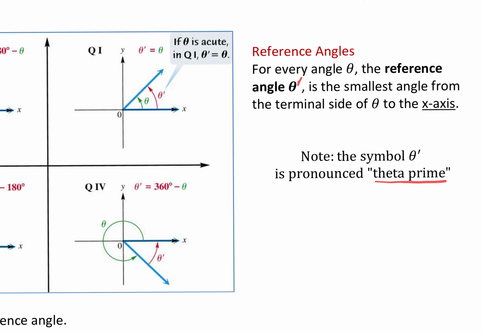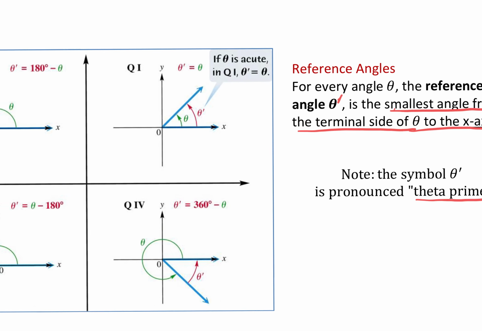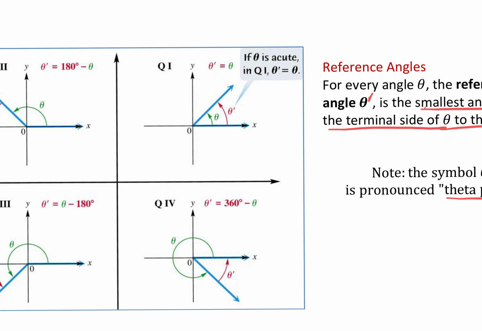The reference angle is going to be the smallest angle from the terminal side of theta to the x-axis. So it's the smallest angle that can be formed from that terminal side ray to the x-axis. Let's say we're looking at this angle theta, and theta happens to be in quadrant 1. Well, I have a choice.